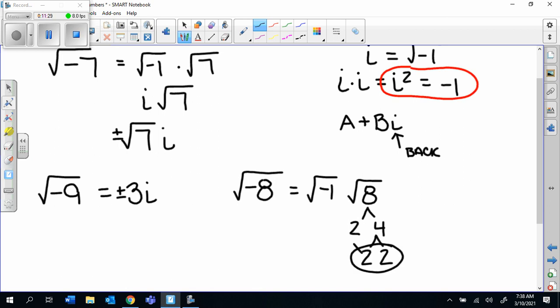Circle your pairs, one guy cancels, and so this 2 comes out. Don't forget the plus or minus for the purpose of what you're going to see in chapter 11. All right, so that 2 comes out.